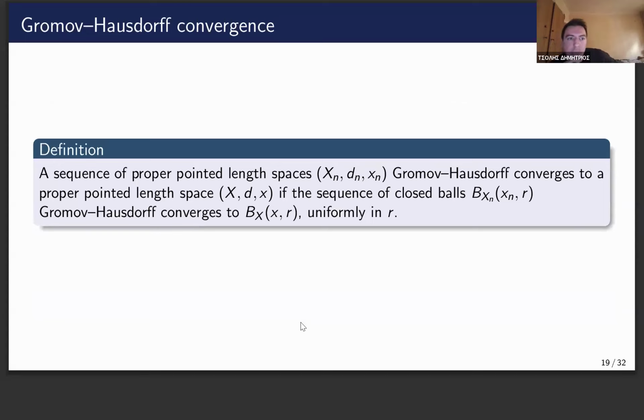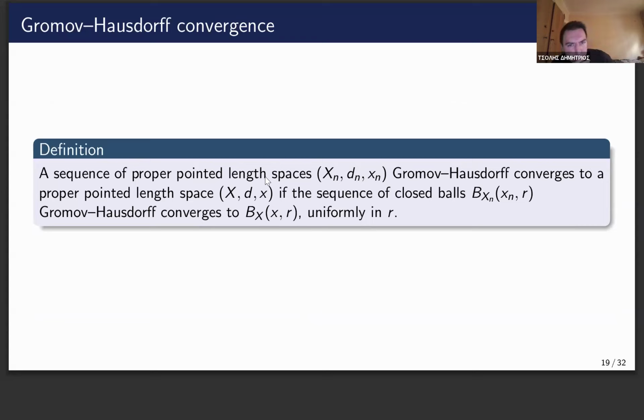Okay, now we have a sequence of proper pointed length spaces. I will explain what this means. Proper means that all closed balls are actually compact. Pointed means that we have some kind of a base point in the metric space.